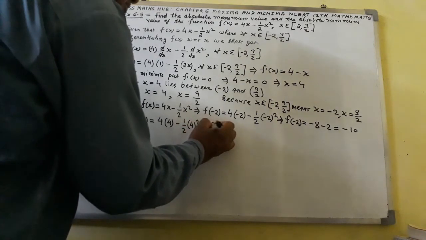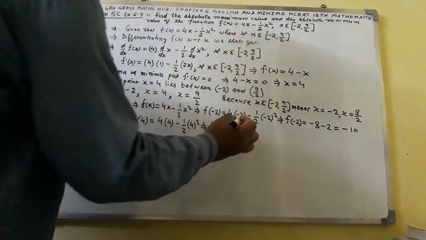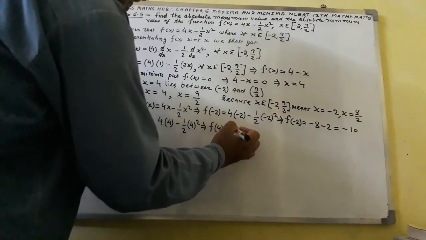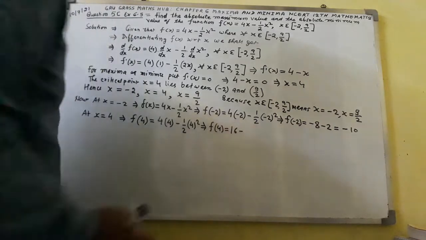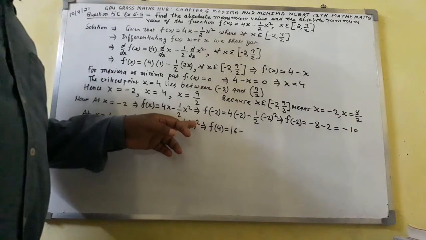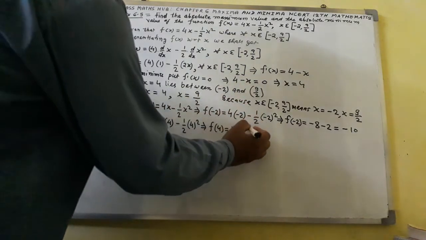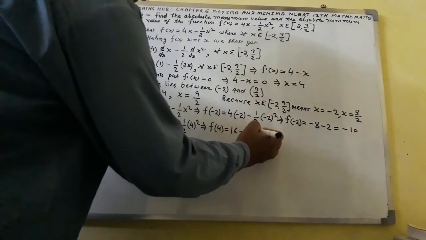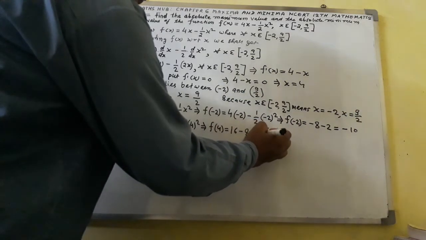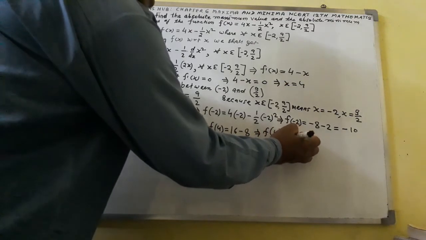Implied that f of 4 equals 4 times 4 is 16, minus 4 times 4 is 16, 16 divided by 2 comes out to be 8. Implied that f of 4 equals 8.